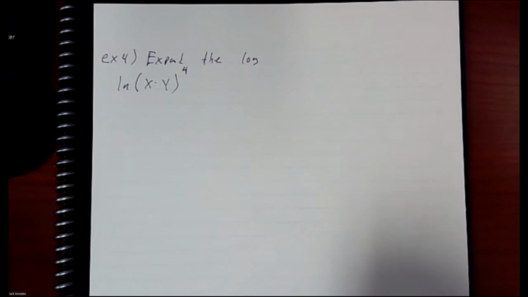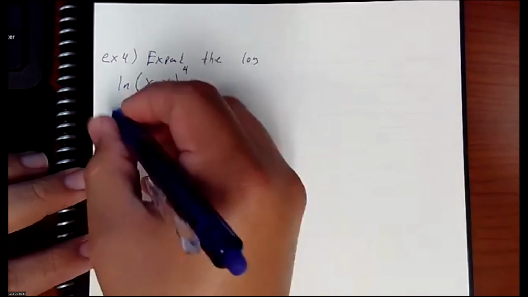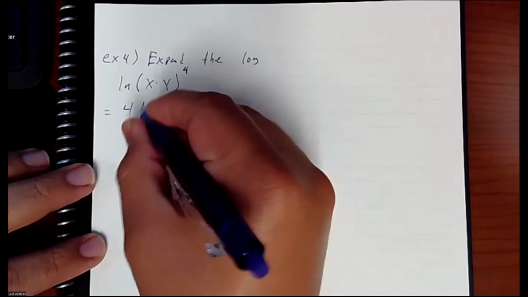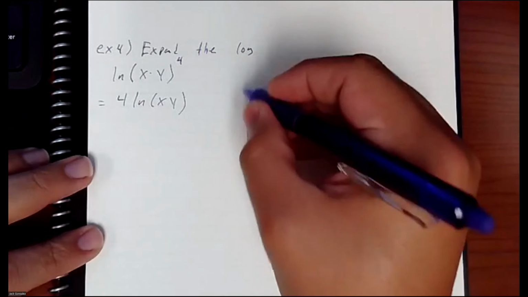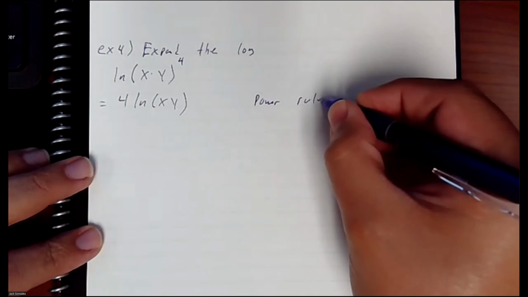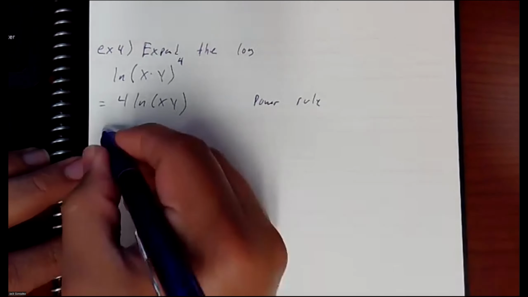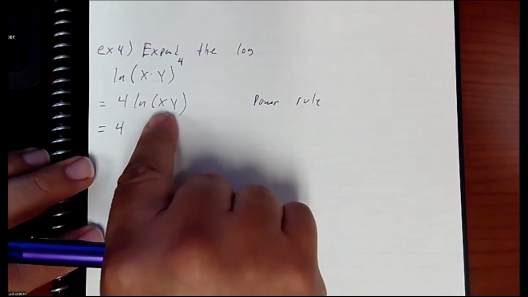Okay. So when you have a power, before you can expand, you got to bring the power down. So step 1 is apply the power rule to bring down your power. So from here to here, I use the power rule. Okay, and then after that, you see the product right here, right?